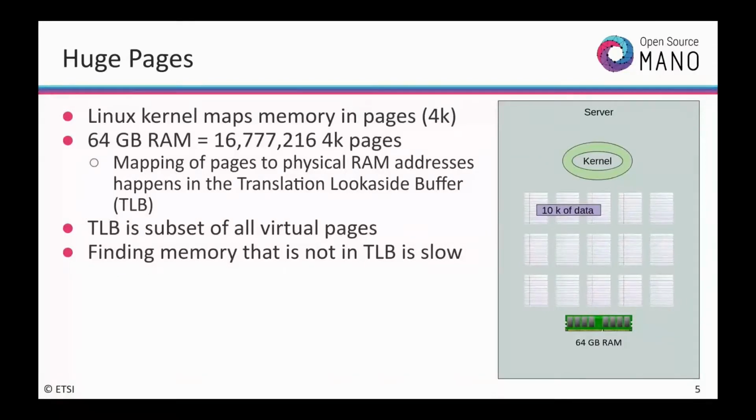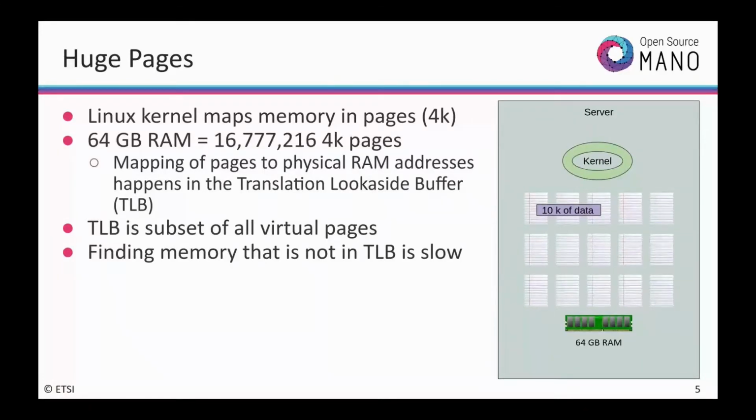If we have 64K of RAM, that means we're going to have 16 million pages that the kernel needs to keep track of. So every time we map a page to a physical RAM address, we have to have this translation look-aside buffer to be able to find where the page is in memory.